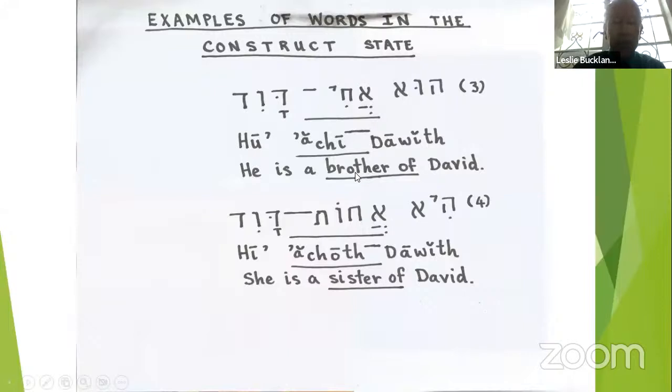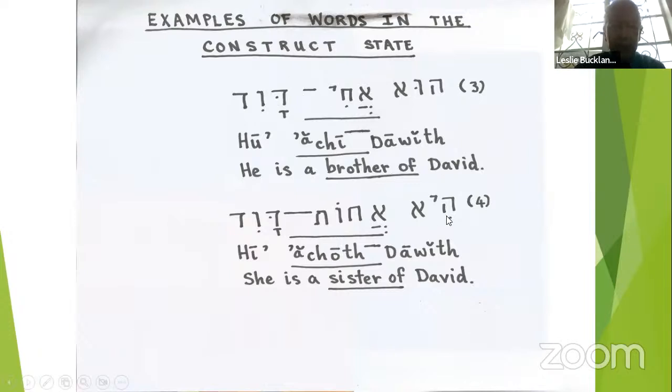It became a noun in the construct state, and it had to change its form because of the movement of the accent from this one syllable word ach to the noun that follows the maqqef. He is a brother of David.